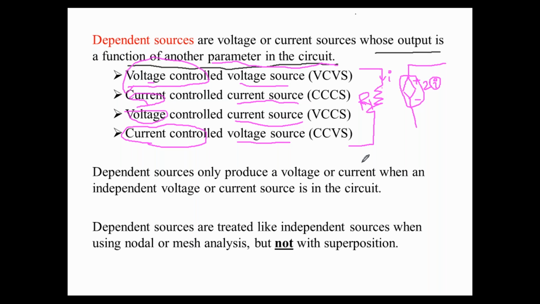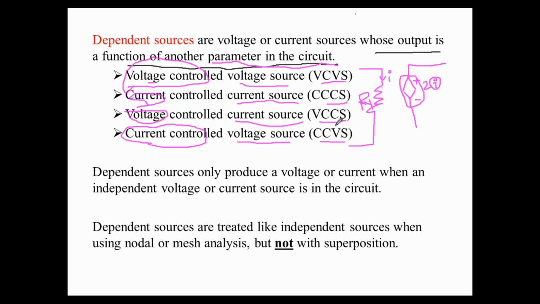So we have the VCVS, voltage controlled voltage source, the current controlled current source, the voltage controlled current source, and the current controlled voltage source. Simply put, dependent sources are of four types.